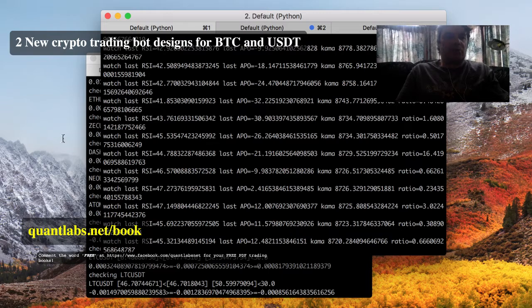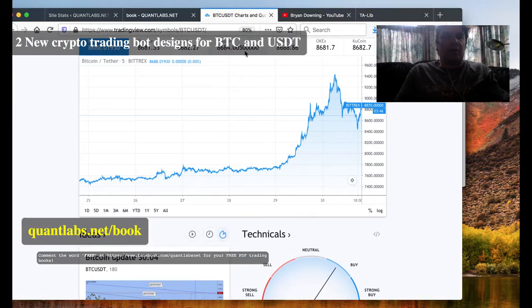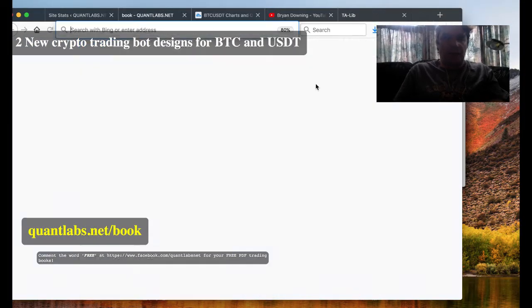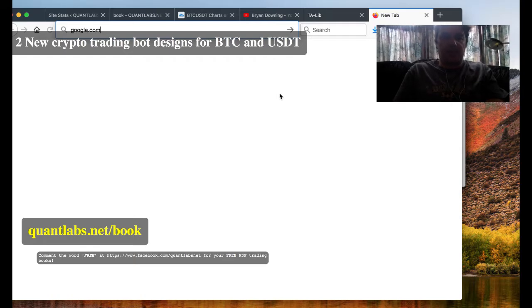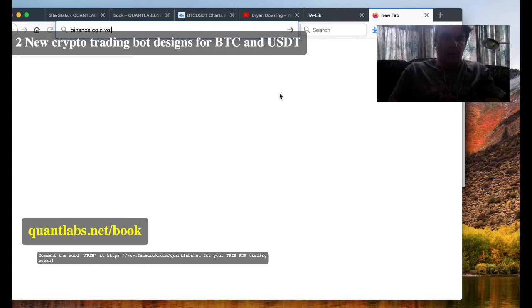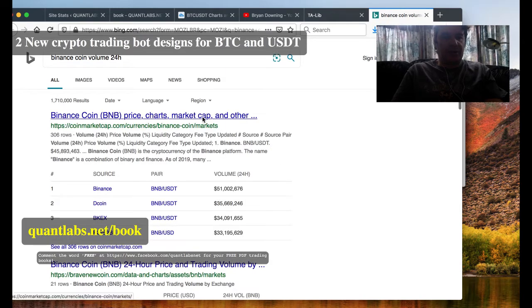I've shown this before: if you look at the volume of Binance over a 24-hour period, let's say Binance coin volume by 24-hour period, here you go.